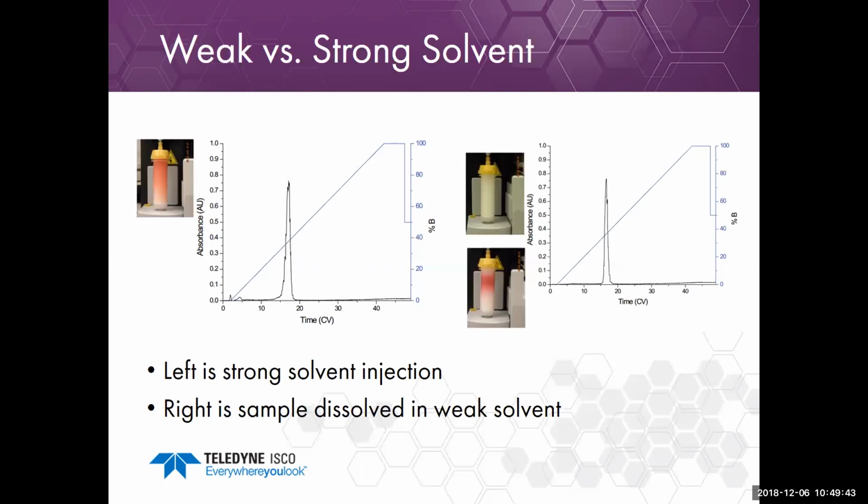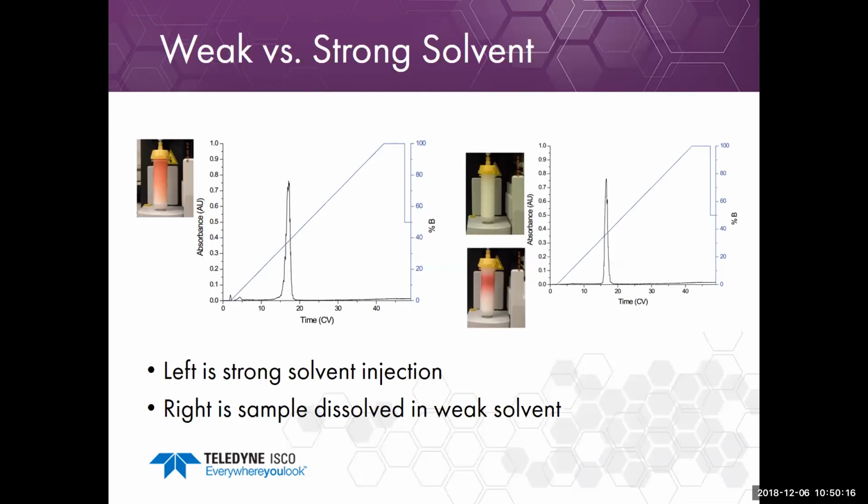And so what I can do, as I showed a few slides ago, is I can either divide my scouting gradient into a number of different zones and then assign a focus gradient to each of the zones, or I can measure the delay of the model compound and then run a scouting run on that, and then I could apply the same delay to the samples in my analytical run.